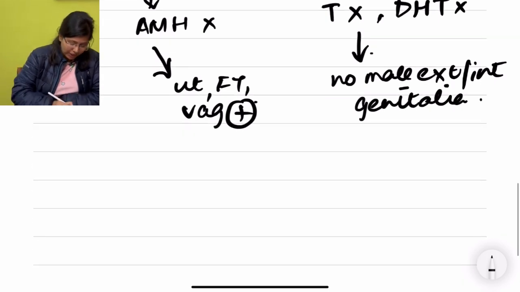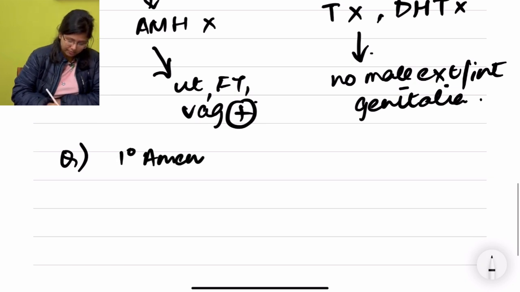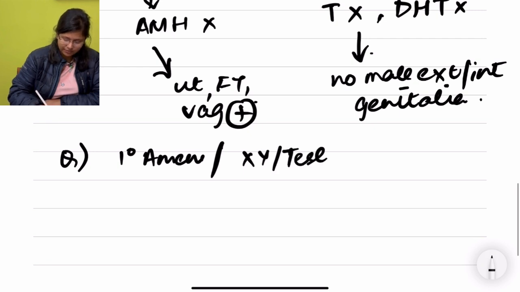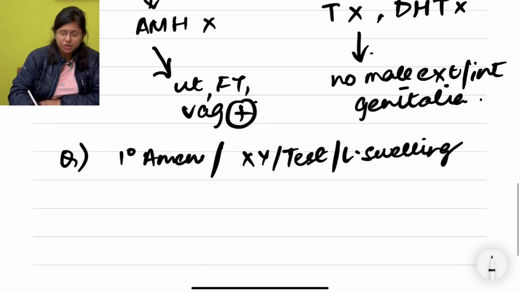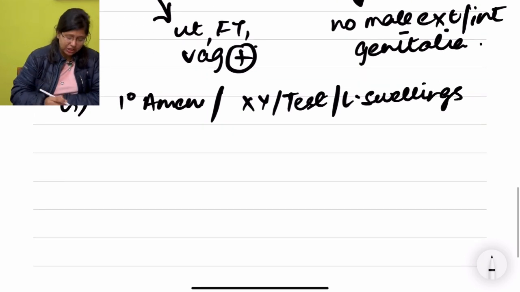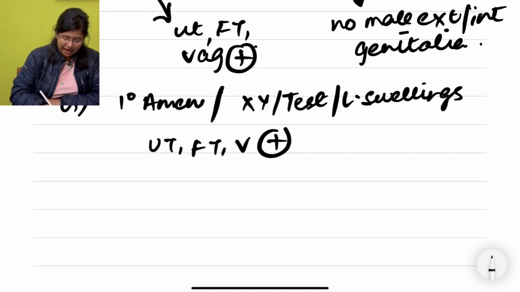So typically the question scenario will be a girl with primary amenorrhea who is XY, or has testes, or has labial swellings, who comes to you, and they will give you the imaging and tell you the uterus, fallopian tube and vagina are present.